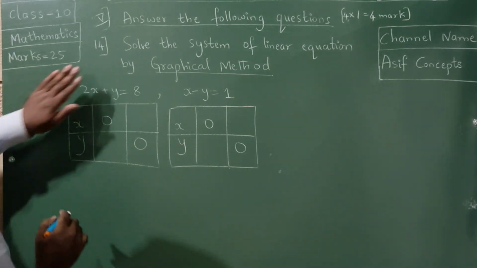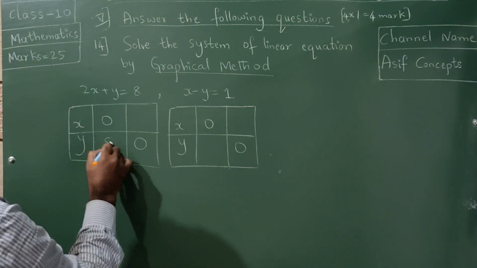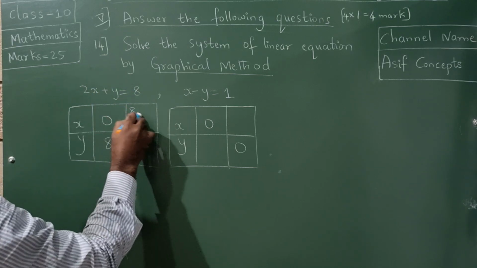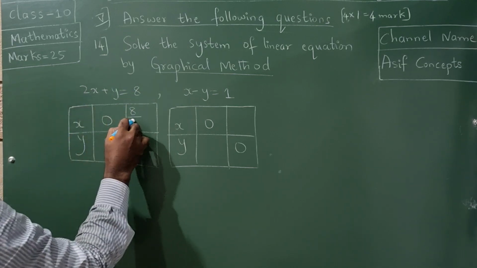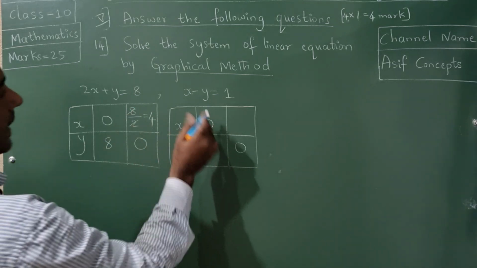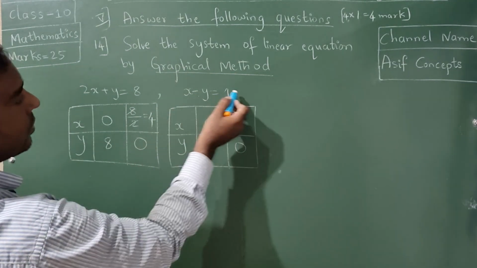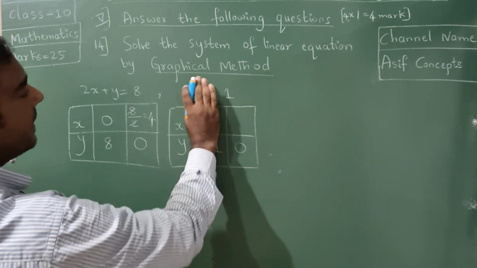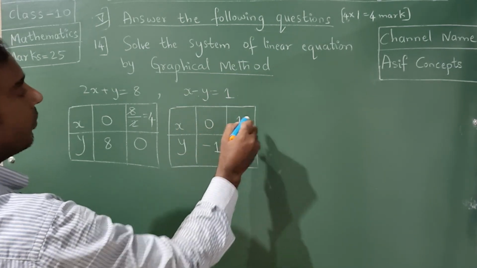Now if x is 0, you can see y is equal to 8. When y is 0, here 8, the coefficient of x is 2, so divided by 2, it will be 4. When x is 0, you can see minus here, so it will go to the right hand side, so y will become minus 1. When y is 0, x will become 1.